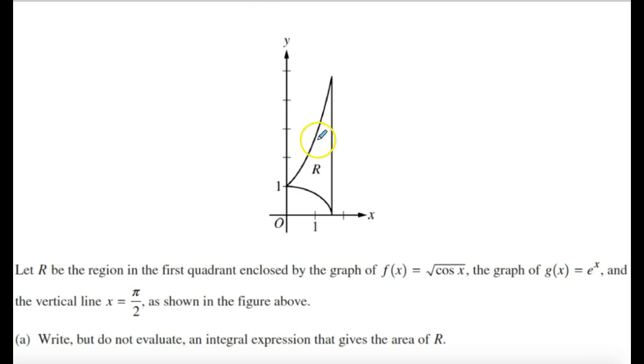So we should be able to tell that this is e to the x. This would be the square root of cosine, this function down here.